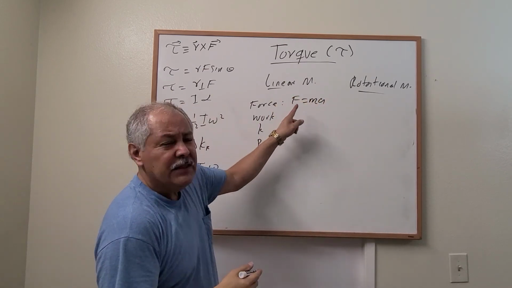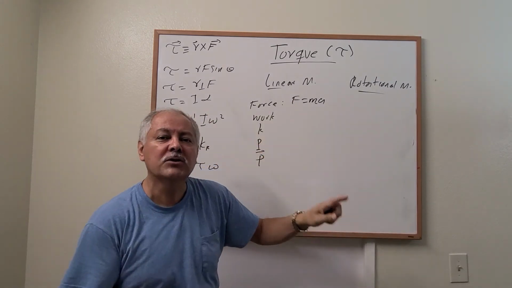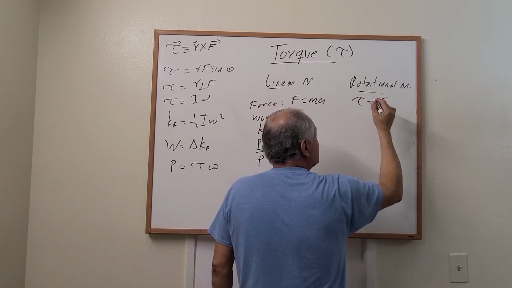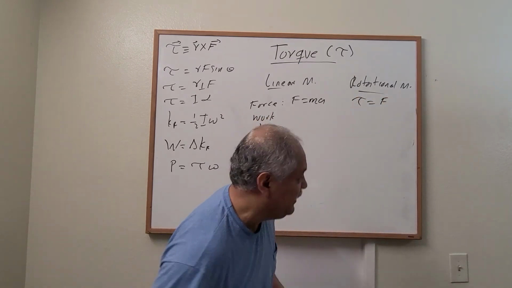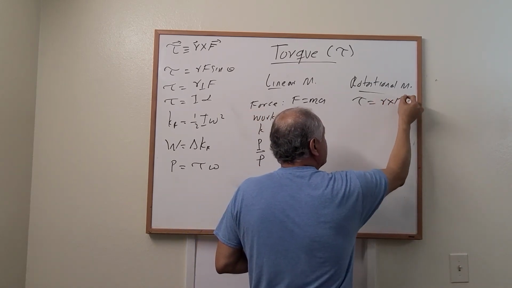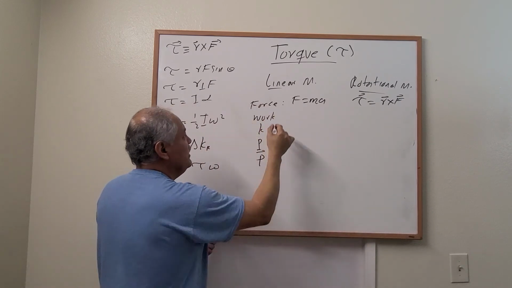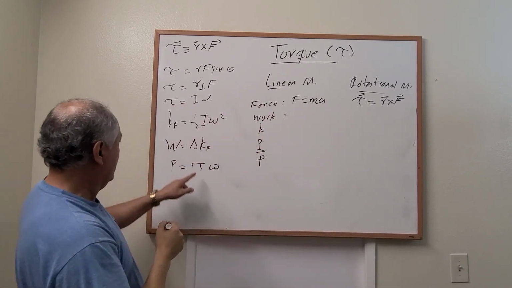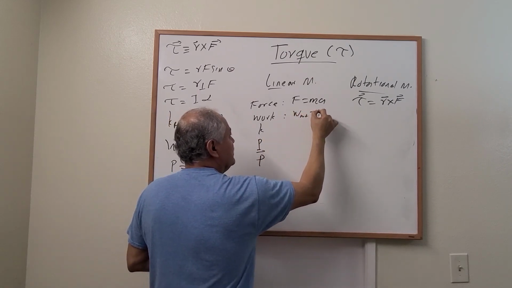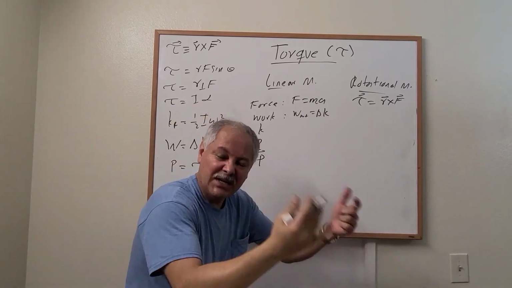Right here, the quantity that has the same function as force is called torque, tau. Torque equals the cross product r cross F. For work, we know that the net work equals the change in the linear or translational kinetic energy.